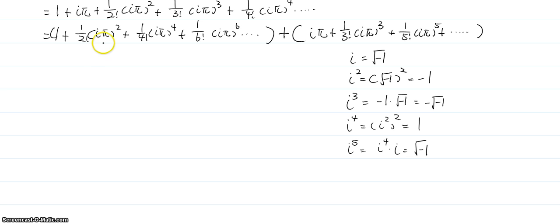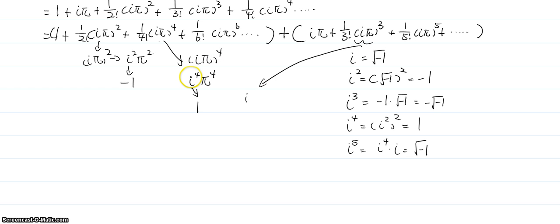So in this case, (i pi) squared will be equal to i squared pi squared, and we know i squared is -1. We know (i pi) to the fourth is i to the fourth pi to the fourth, and i to the fourth is 1. And (i pi) cubed equals i cubed pi cubed, and in this case i cubed will be negative square root of -1.